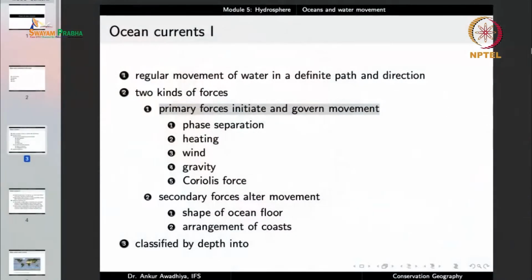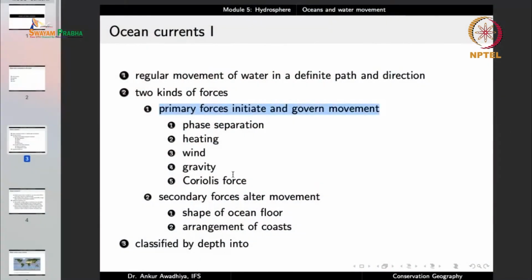It will move from the surface of the ocean down towards the ocean bottom. And so this jump starts a process that is known as the thermohaline circulation or the global conveyor belt. And we'll look at it in more detail in a short while. So this is one primary force that initiates and governs the movement of water. Another primary force is heating. So if the water is being heated, you'll get things like convection currents.